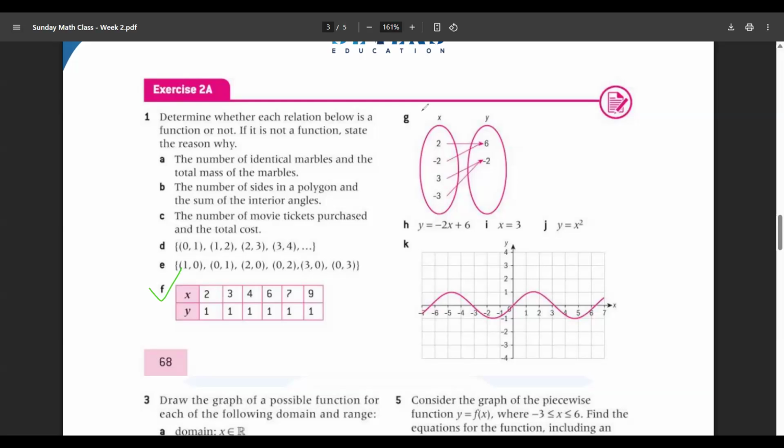G is yes. What about K? Is it also yes? What about J? Yes.